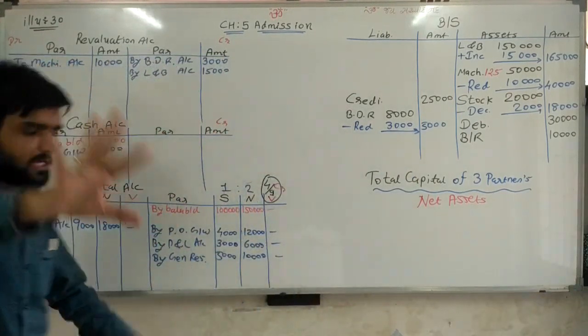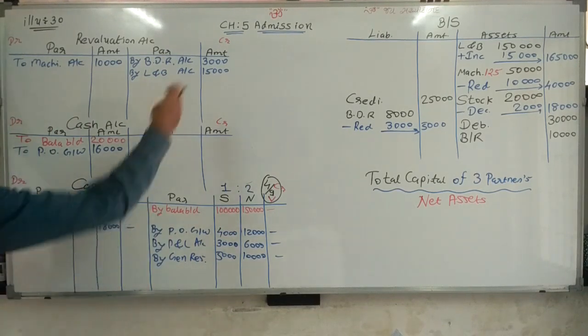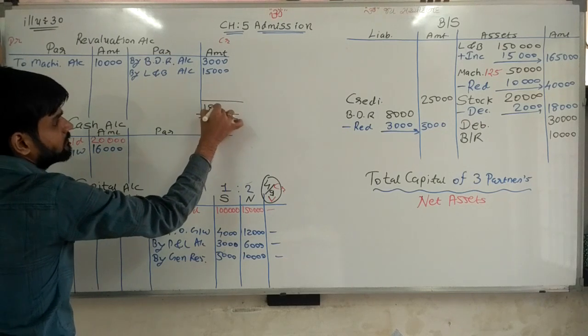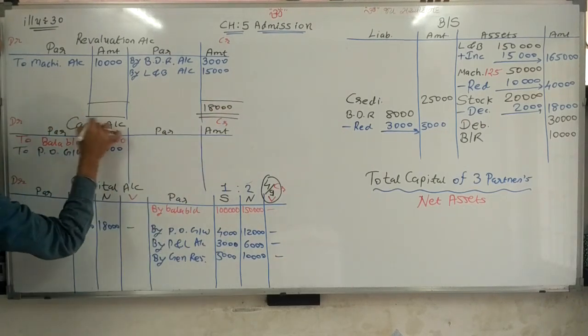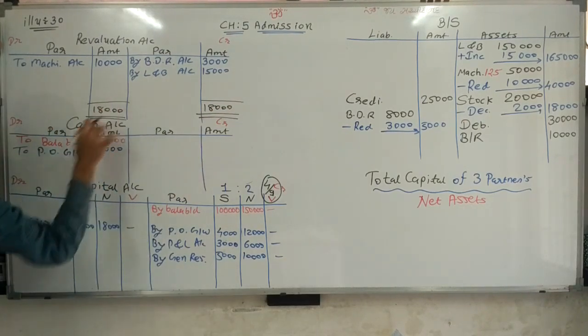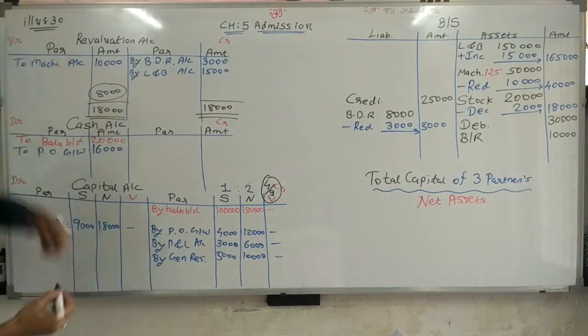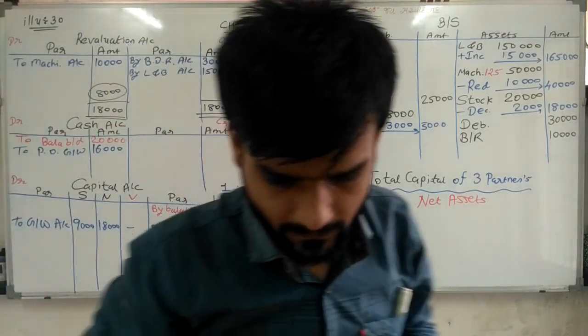Now closing our accounts. First of all 15,000 and 3,000, total is 18,000. From 18,000, 10,000 is deducted. We get 8,000 as our balance.